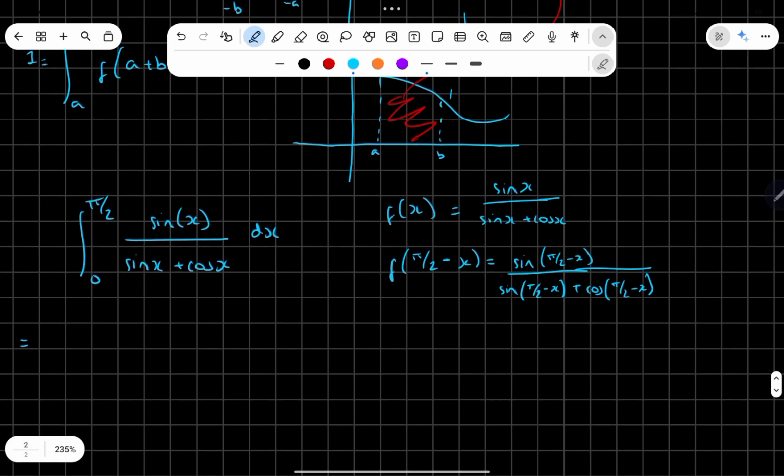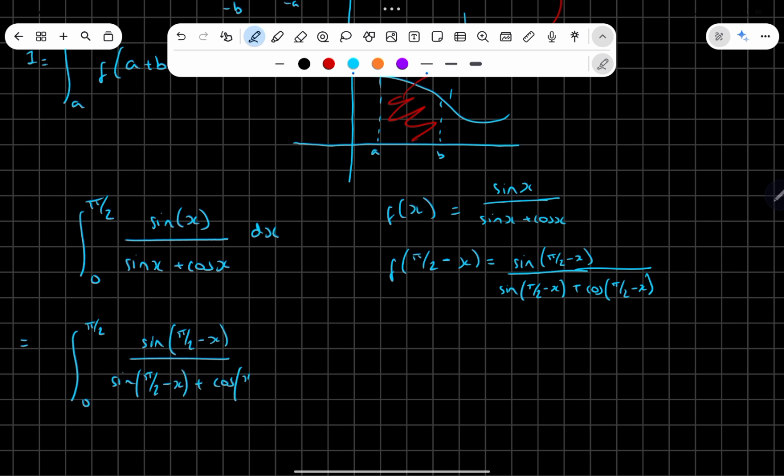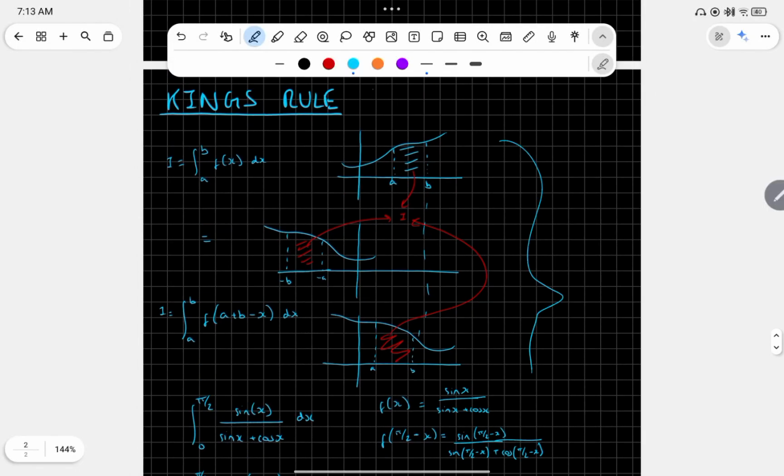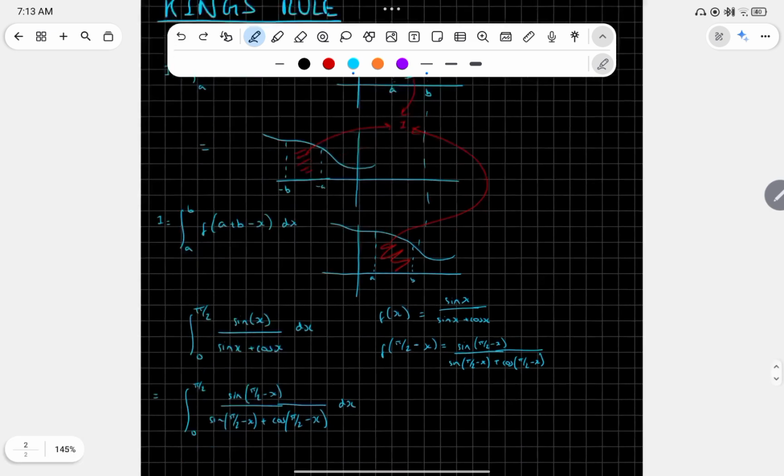So this integral is the same as the integral from 0 to pi over 2 of sine of pi over 2 minus x over sine of pi over 2 minus x plus cos of pi over 2 minus x. And remember, if you're wondering why these two are the same, it's based on what we did right here. We just reflected the graph and then slid it forward by a plus b.